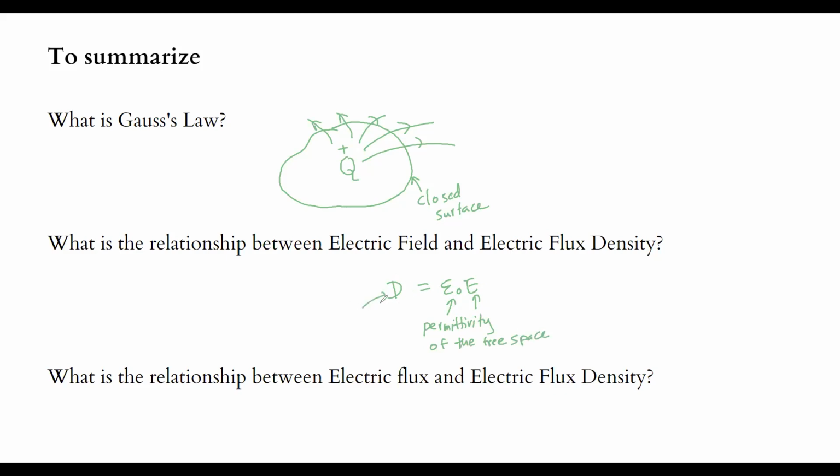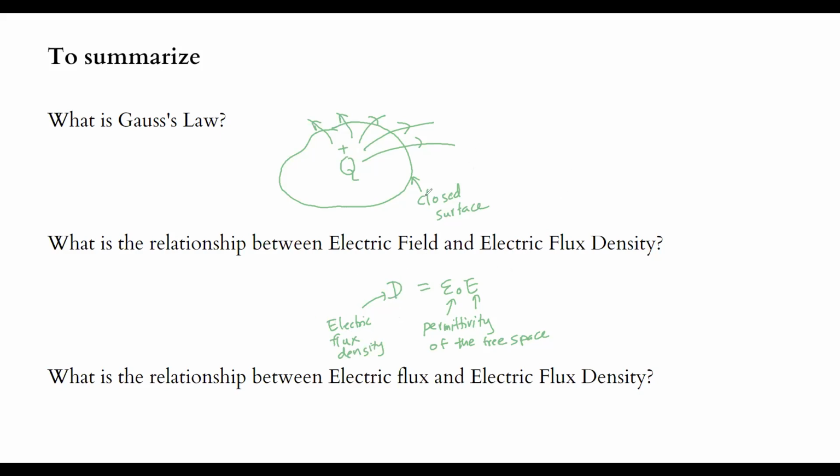And electric flux density is D. So electric flux density is denoted by the capital letter D. Whenever you see the capital letter D, you need to keep in mind that it represents the electric flux density.